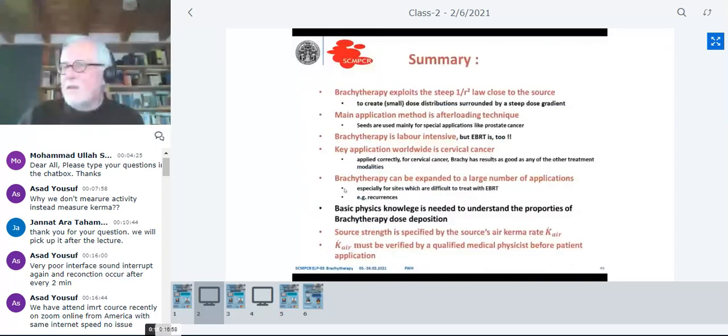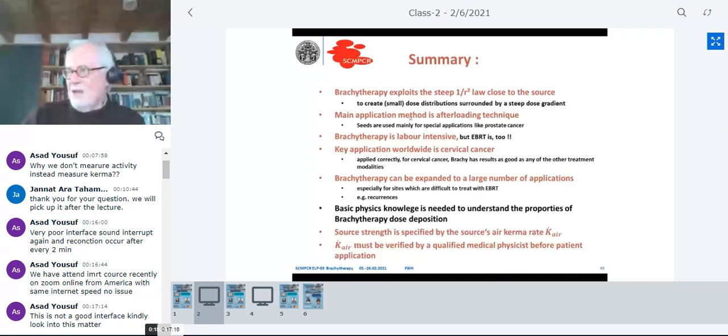I'll summarize what I was speaking about yesterday and right now. Brachytherapy exploits the steep one over r square law close to the source to create small dose distributions surrounded by a steep dose gradient. The main application method is afterloading technique, and for special applications, seeds are also used. The main special application for this is prostate cancer.